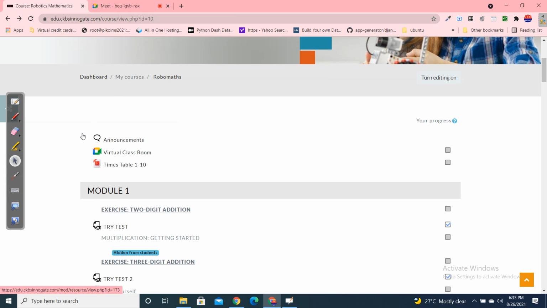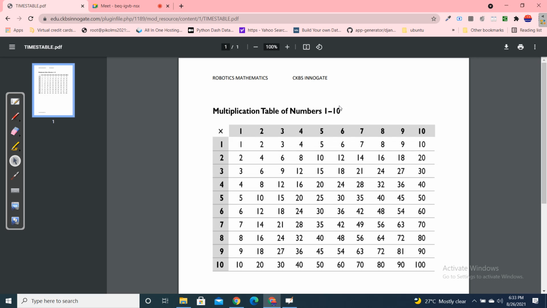When you come here, you can see we have times table 1 to 10. Can you just click on it? You click on it, and then you can see this chart. You are supposed to know 9 times 9, you should be able to know 81. This is the only thing you need. The rest, forget about them. You don't need to know 12 times. Make sure all of you have this and learn them.